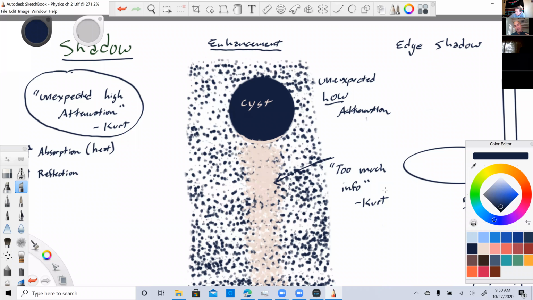There's too much information. The strength of the echoes is unexpectedly high because the attenuation above it was unexpectedly low. So the beam's too strong, or at least it's too strong in the sense that the ultrasound machine can't figure it out. So that was enhancement.